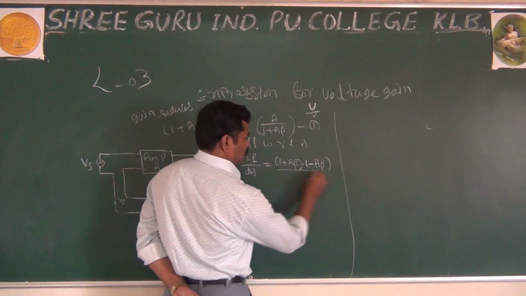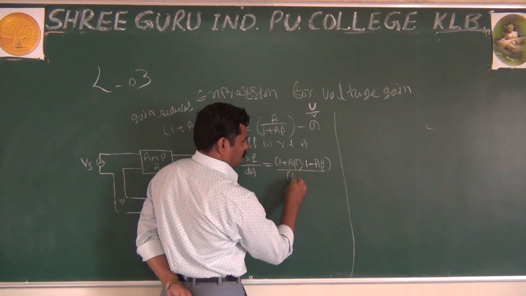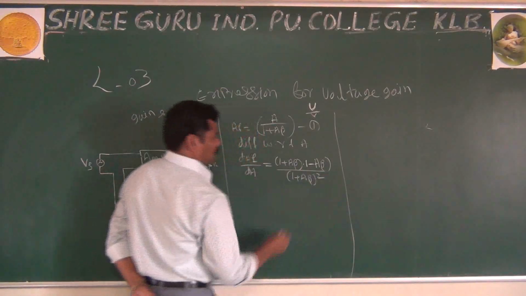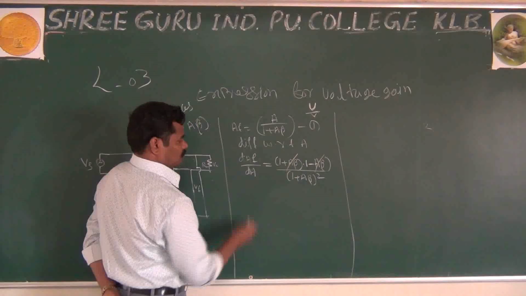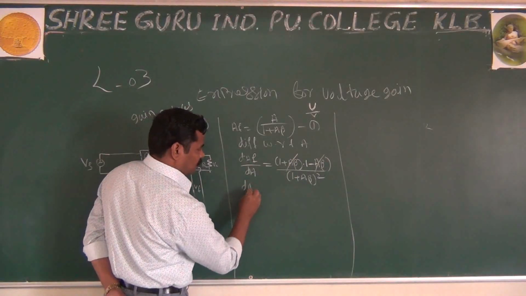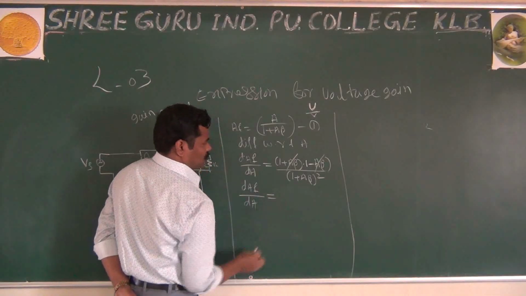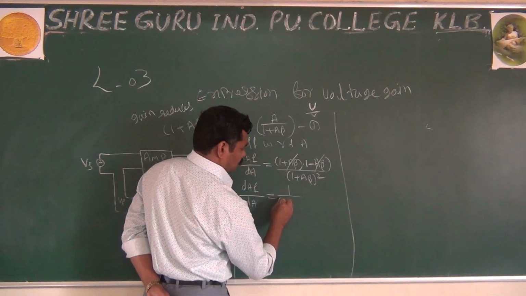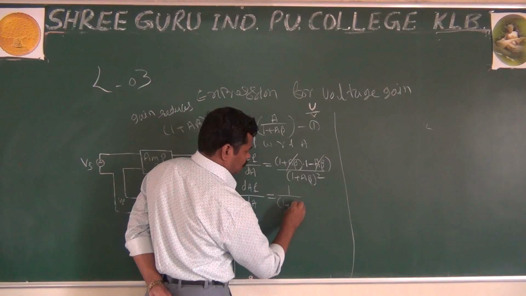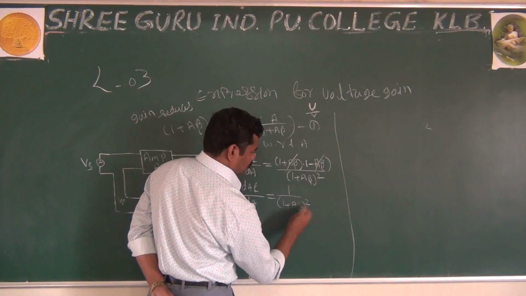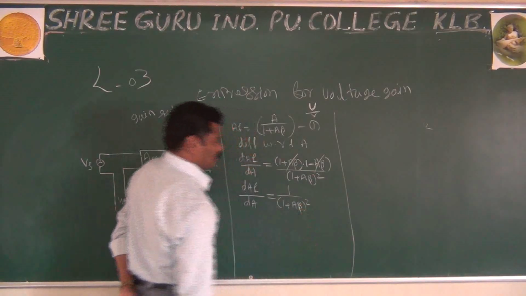Now you can write the denominator (1 plus A beta) square, then this A beta cancels, you can write dAf by dA equal to 1 divided by (1 plus A beta) whole square.